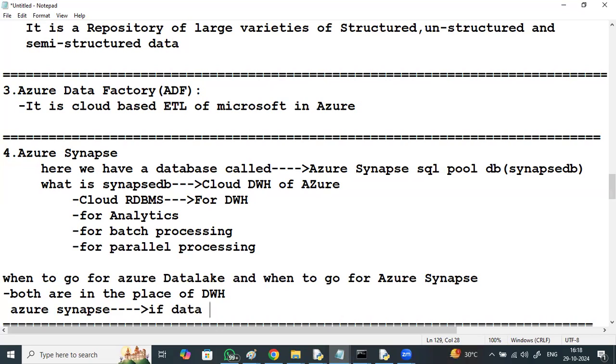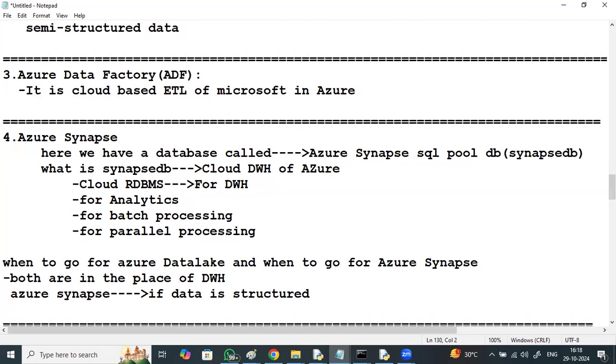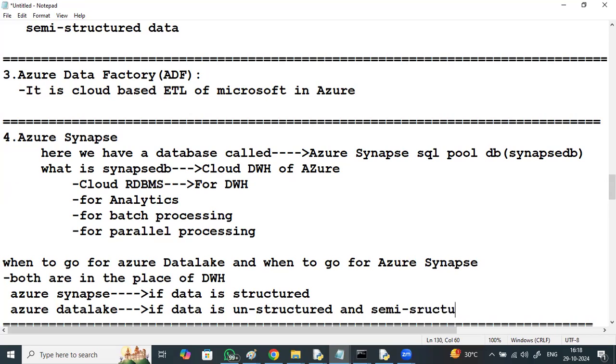We go for Azure Data Lake if data is unstructured and semi-structured.